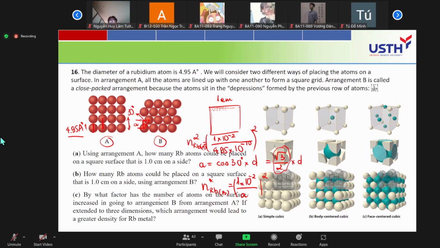So the factor to increase the number of atoms on the surface from arrangement A to arrangement B is the reverse of that value, 2 over square root of 3. Arrangement B has a closer and higher number of atoms compared to arrangement A. If you extend to 3 dimensions, the number of atoms in B will be much bigger than in A. So the answer to the last question is that arrangement B has greater density compared to A. Do you get that?